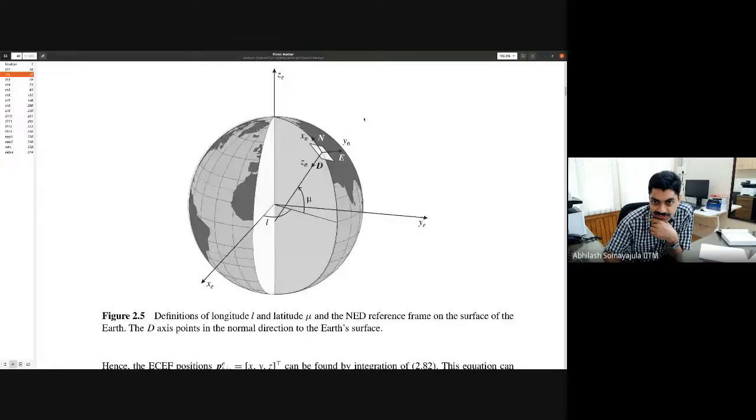We come back to our picture here. Wherever the point is, I am simply interested in its x and y directions, in the equatorial plane only. So it will be this distance divided by this distance.